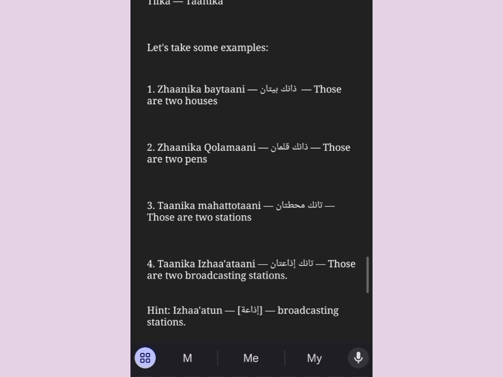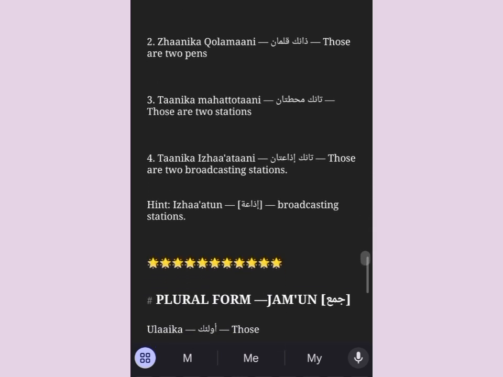Those are two pens. Now let's look at the feminine. تَانِكَ مَحَطَّتَانِ. Those are two stations. Okay. تانك إذاعتان.